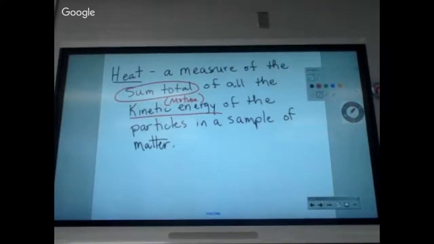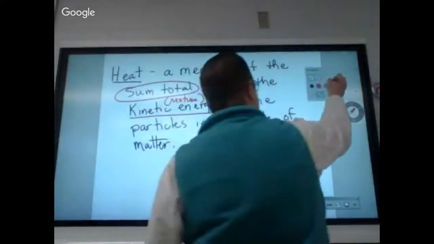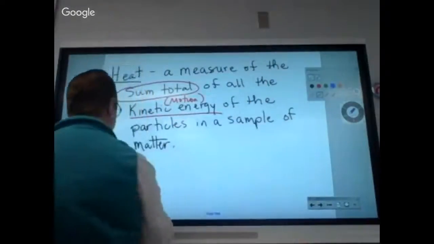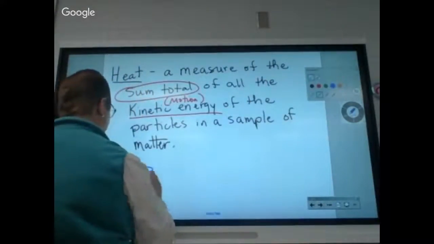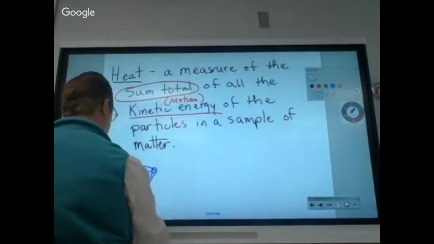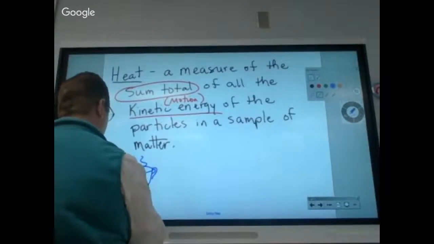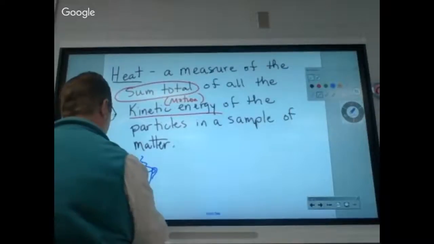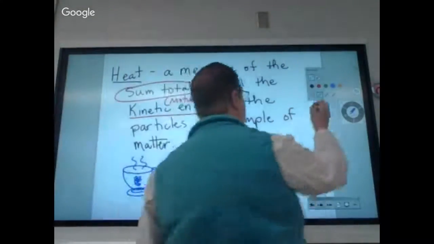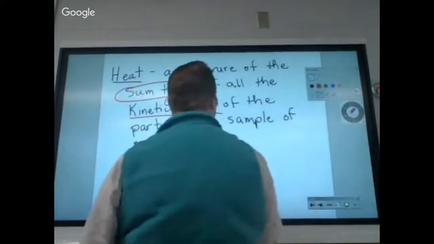So, when we think about heat, as an example, let's say that we have... Don't get excited. It's the only thing I can draw, because this next one's just going to be butchered.